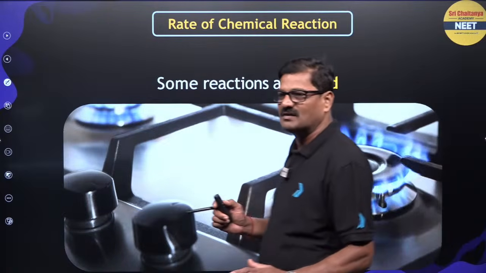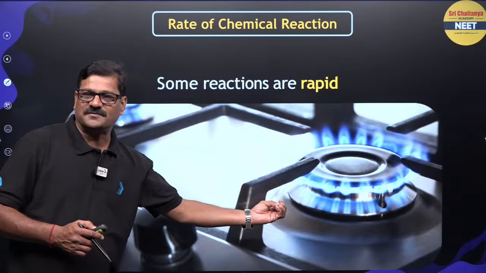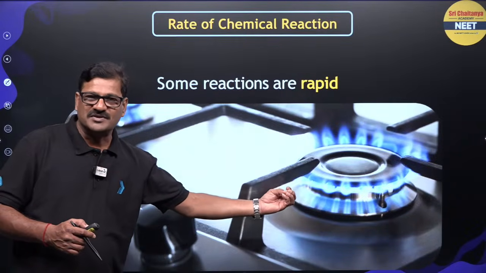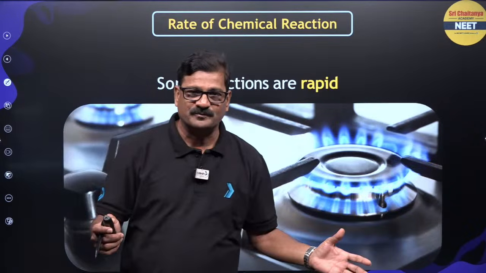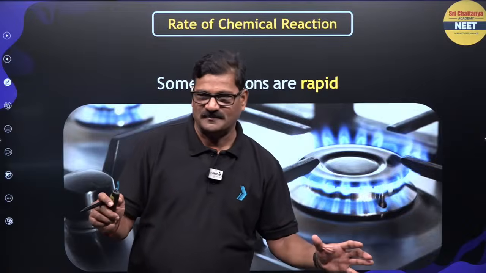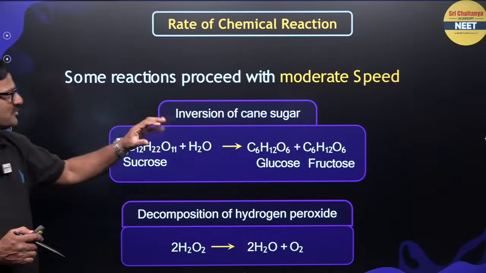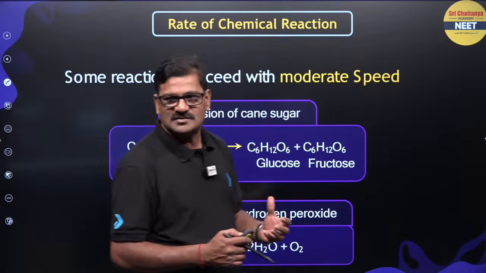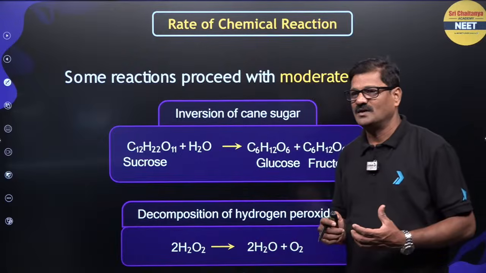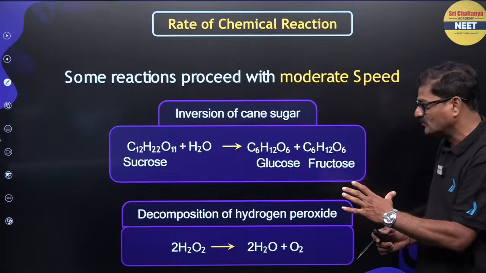Some chemical reactions are rapid. Like the burning of butane, LPG, it is a very fast reaction. Explosion of a bomb, it is a very fast reaction. Some reactions proceed with moderate speed, like sucrose is converted into glucose and fructose, and you can measure the rate here experimentally.